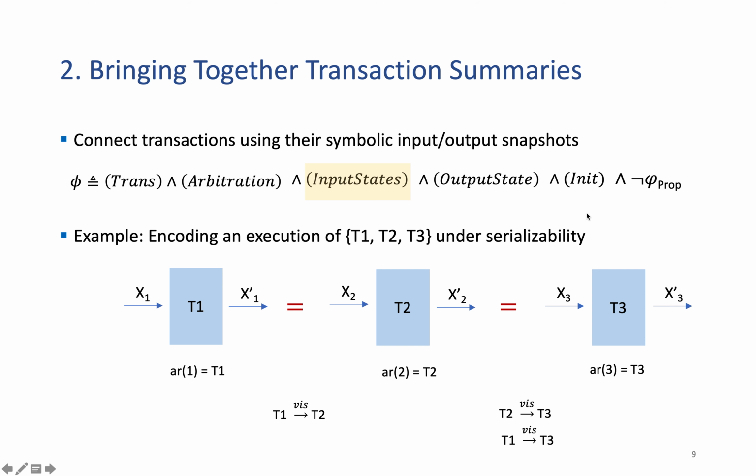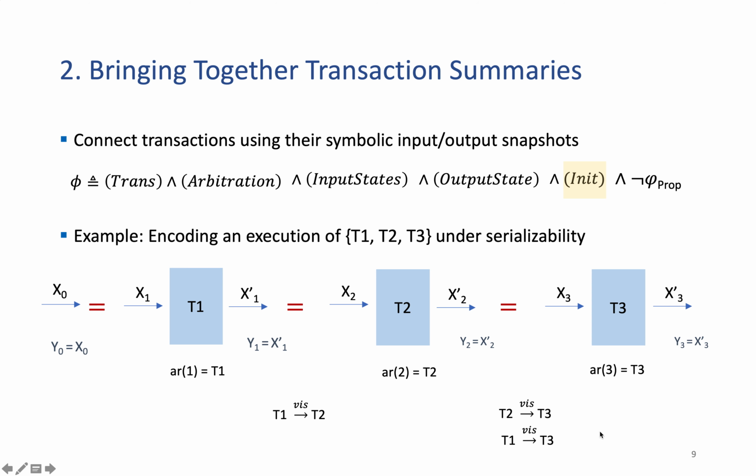And with the output state, we summarize the effects of the transactions up to some point in the arbitration. For example, with y1, we summarize up to x1. With y2, we summarize the transactions up to x2, and so on. And init restricts the initial value. So the initial state is the input state of the transaction with the first arbitration. And we conjoin this with the negation of the application property.